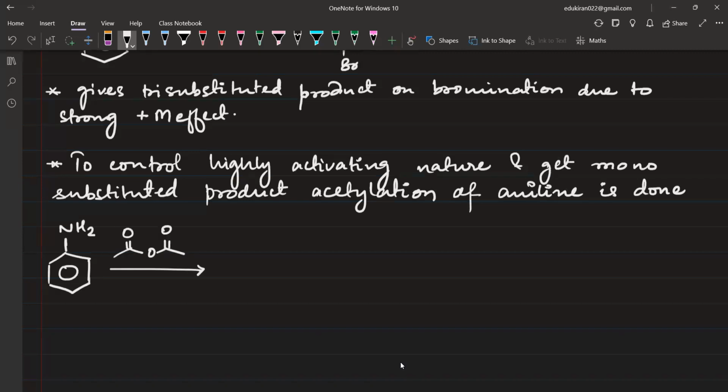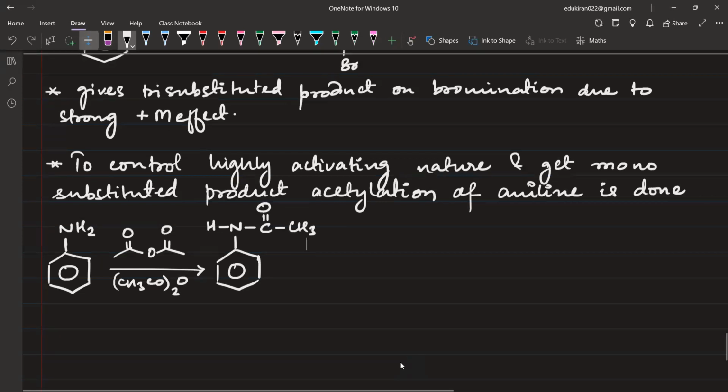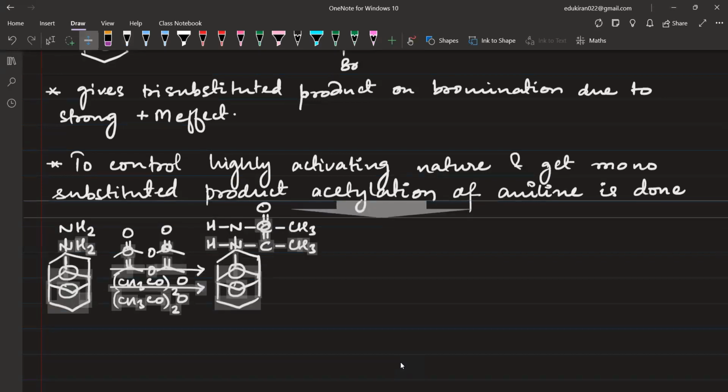So आपके पास this is your acetic anhydride, and this can be also written like this, है ना, CH3CO whole twice bonded to oxygen. What would happen? The nitrogen atom will attach, एक हाइड्रोजन निकल जाएगा, so you will have NH remaining. This will be bonded with C double bond O, further bonded with CH3. ठीक है, so acetylation is done.